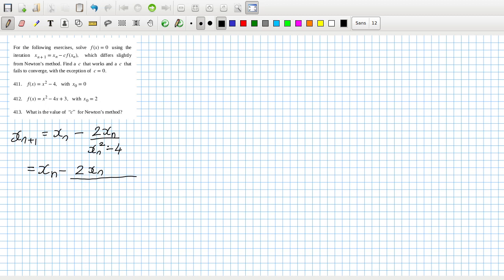So maybe if I change this to a plus, and that the 4 minus xn squared, and that's equal to xn plus 2xn times 1 over 1. No. Hmm. What to do? What to do?